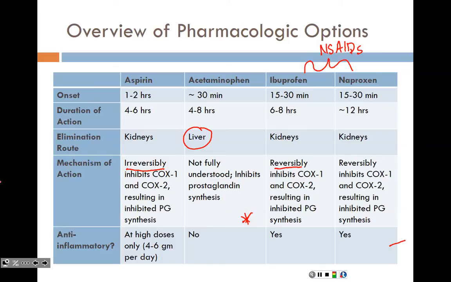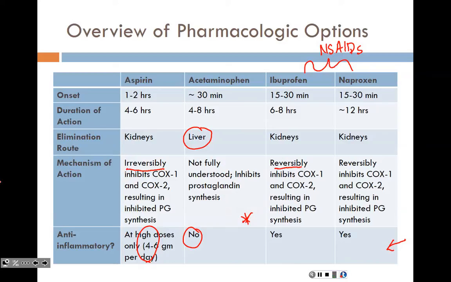And then anti-inflammatory, this is kind of important too because more of what we're targeting, especially when it comes to musculoskeletal injuries, is the inflammation that causes pain. And some of these drugs do not treat inflammation, or only at high doses. And so if you have a patient who has something that's more throbbing, typically tension headaches are more linked to inflammation, the two agents that don't particularly have anti-inflammatory effects may not be your best selections.